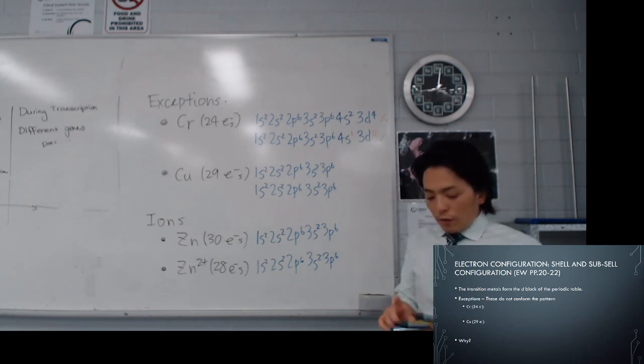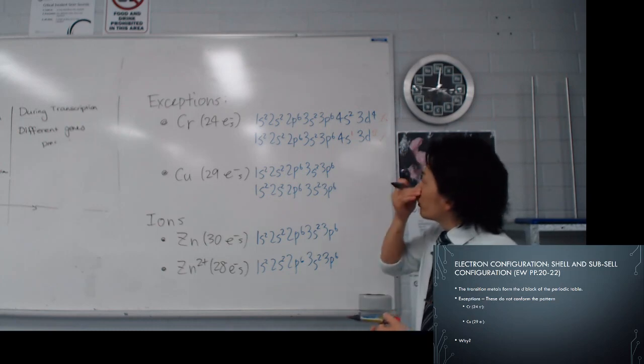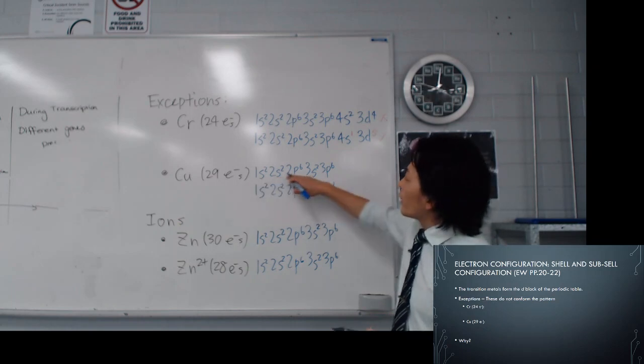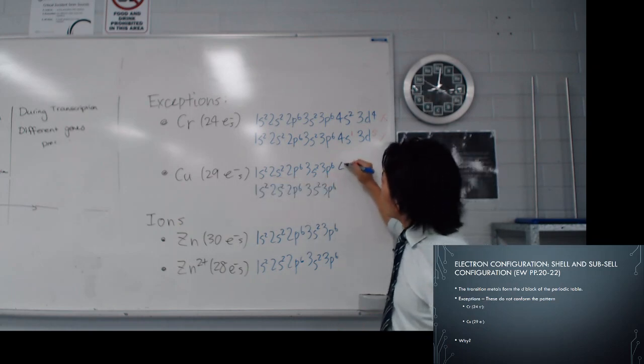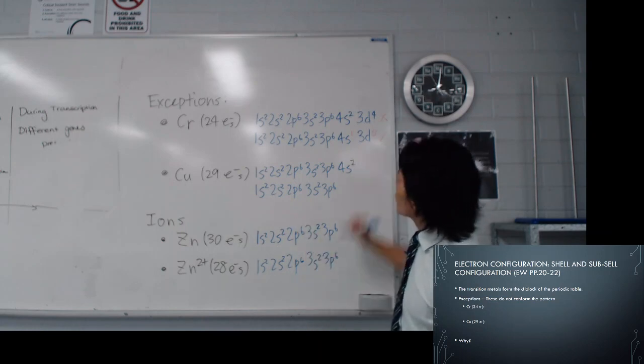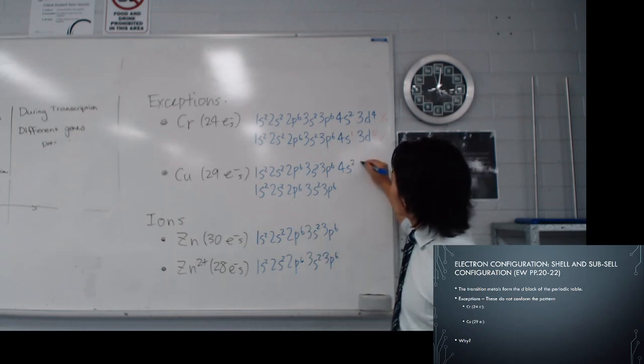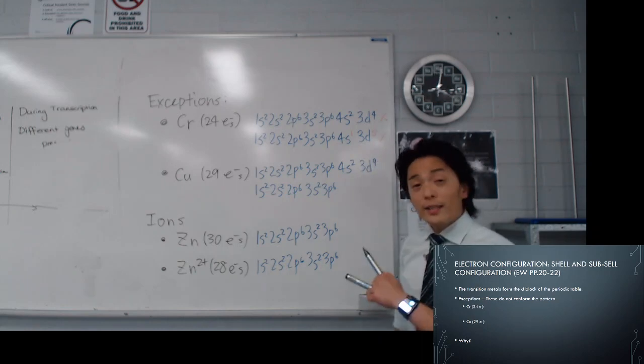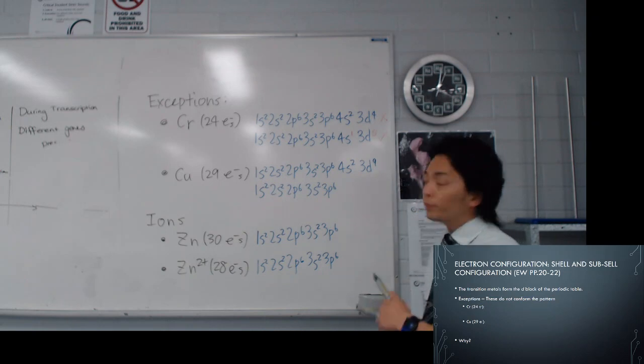Copper is going to be fairly similar. I've done up to 3p6 again. For 4s, let's do it in a normal way. So you would have 2, and then 3d9, because that's the 9th element in the D block.